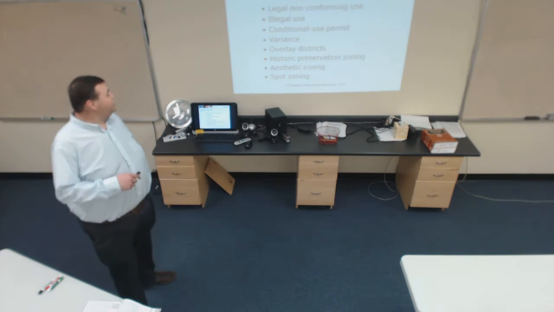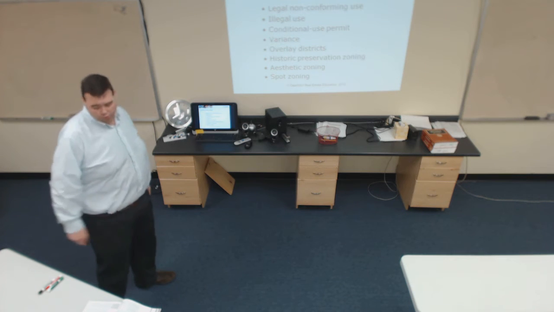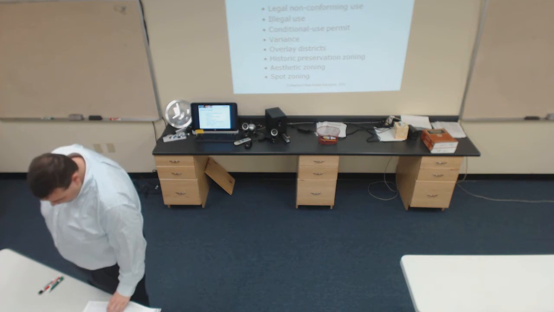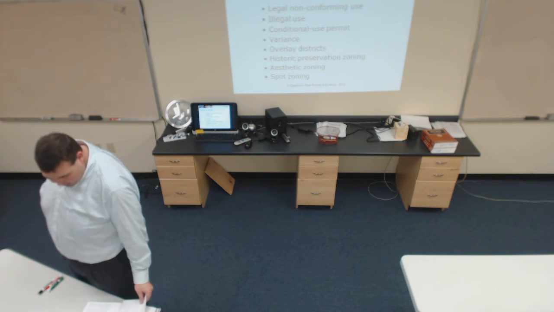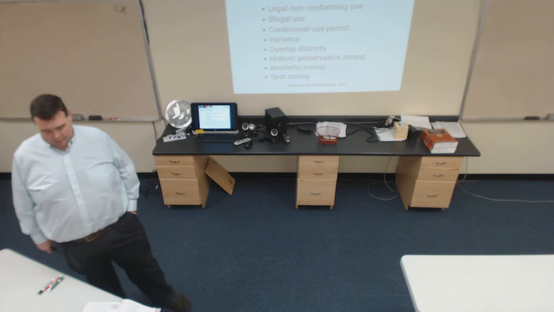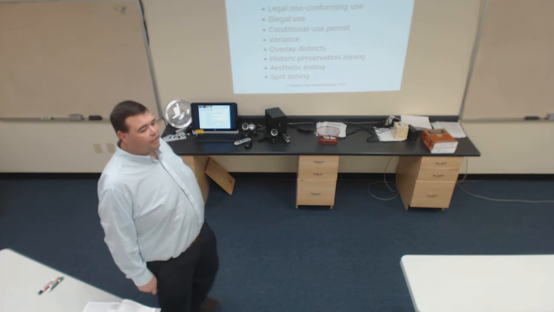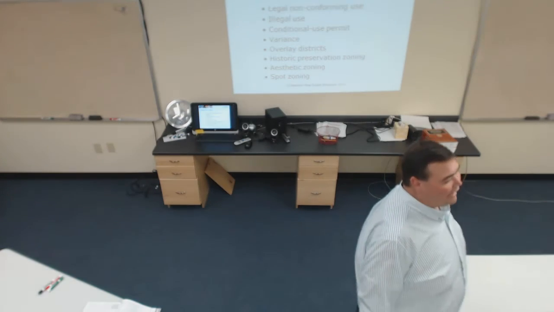All right. Let's talk about conditional use permits, which are on page 111. A conditional use permit, and then we'll talk about variances. Conditional use permits are probably the hardest to understand because these are things that are not allowed anywhere.